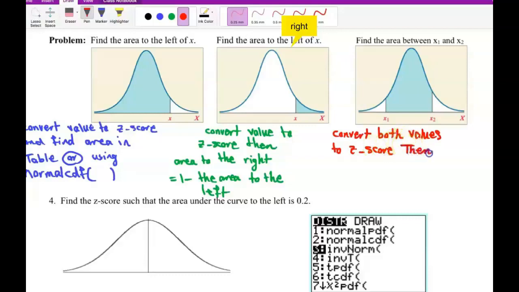Then the area to the left of x2, which is this part, so starting from this point to this point, minus area to the left of x1.